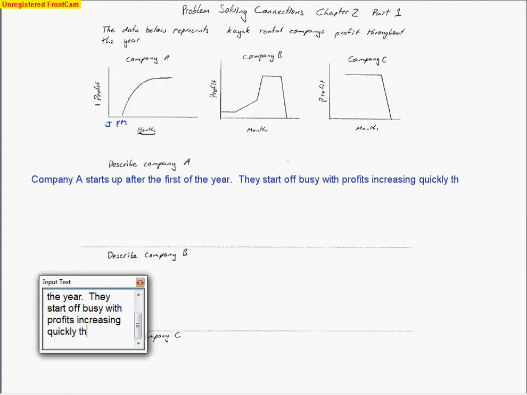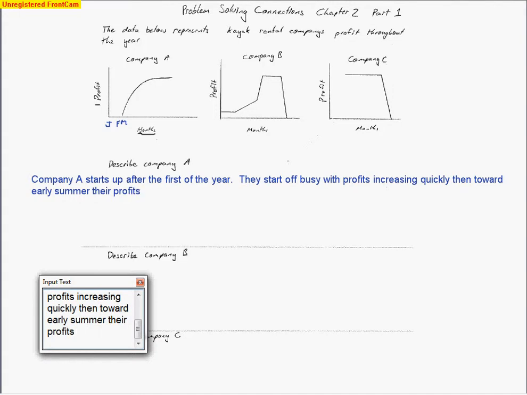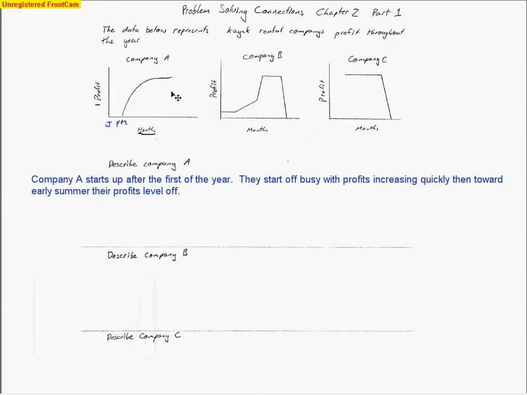Then, toward early summer, their profits level off. And they level off to the point at which they're pretty much almost constant, where they're not increasing and not decreasing here.